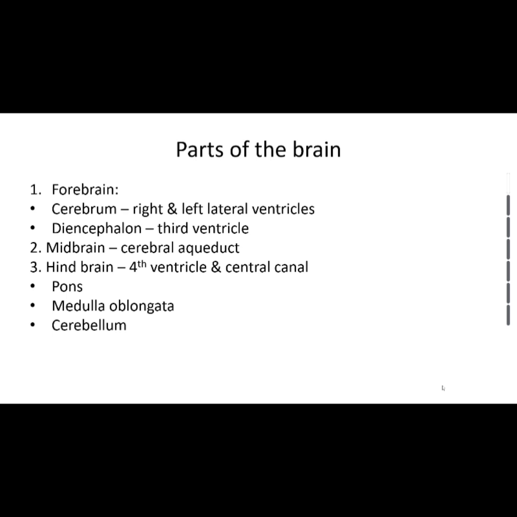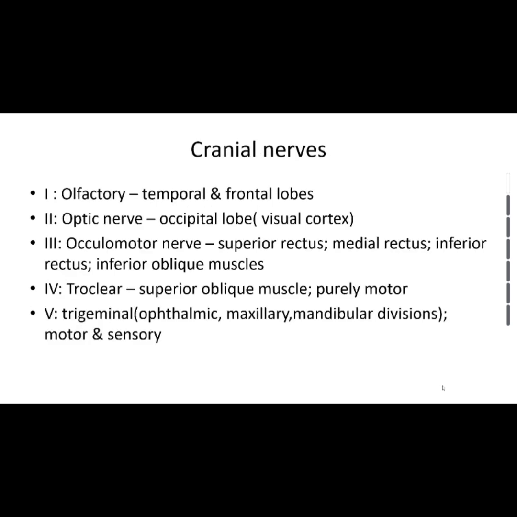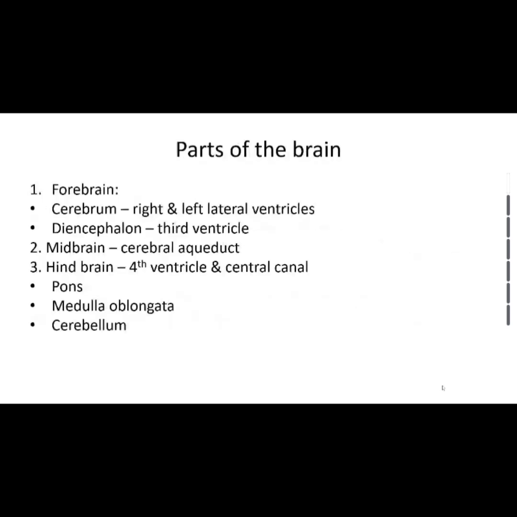So looking at the brain, the midbrain is mainly a narrow part of the brain that passes through the tentorial notch and connects the forebrain to the hindbrain. Then we have the hindbrain, which, as I've said, consists of the pons, medulla, and cerebellum.